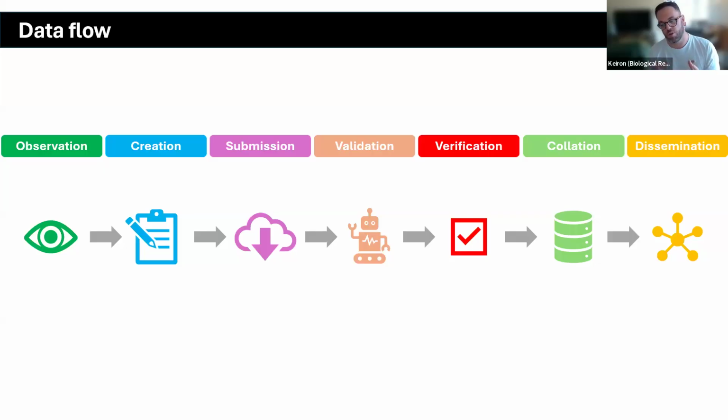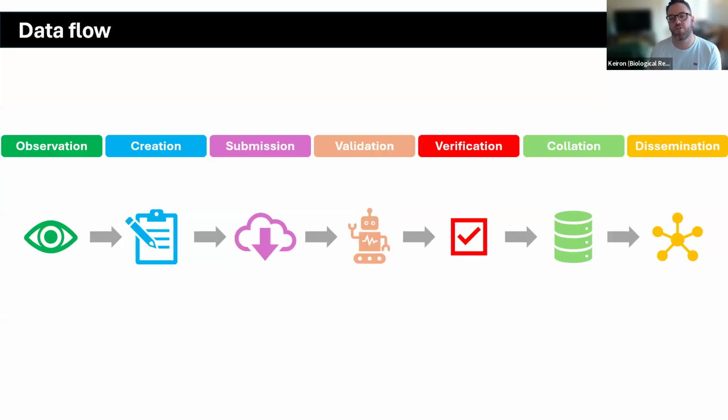Then we go through creation, where that is written down or entered digitally into a spreadsheet, etc. Then we go to submission, where that data is sent into a biological recording system. In this current day and age, usually that is submitting it electronically somewhere, but that might have been posting off details of a record in the olden days.